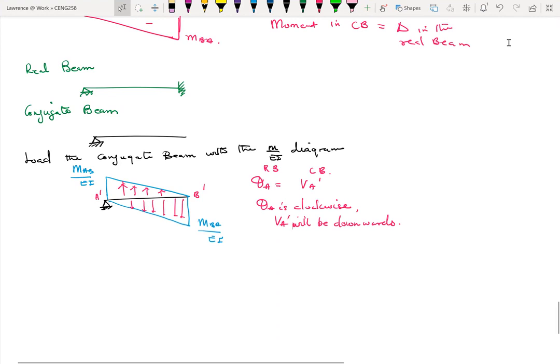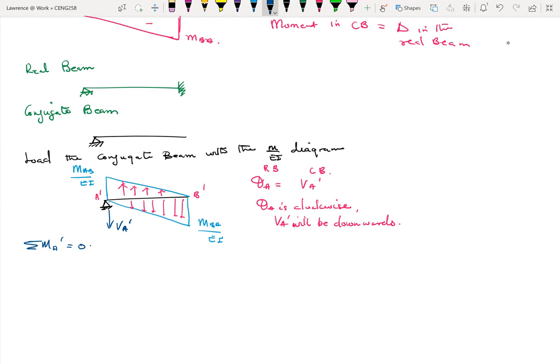So now let's see how we can find VA. So now we need to know what VA prime will be. Okay. So let's write two equations. First one is summation of moment at A prime equal to 0. All right. So again, there's no reaction at B because B has now become a free end.